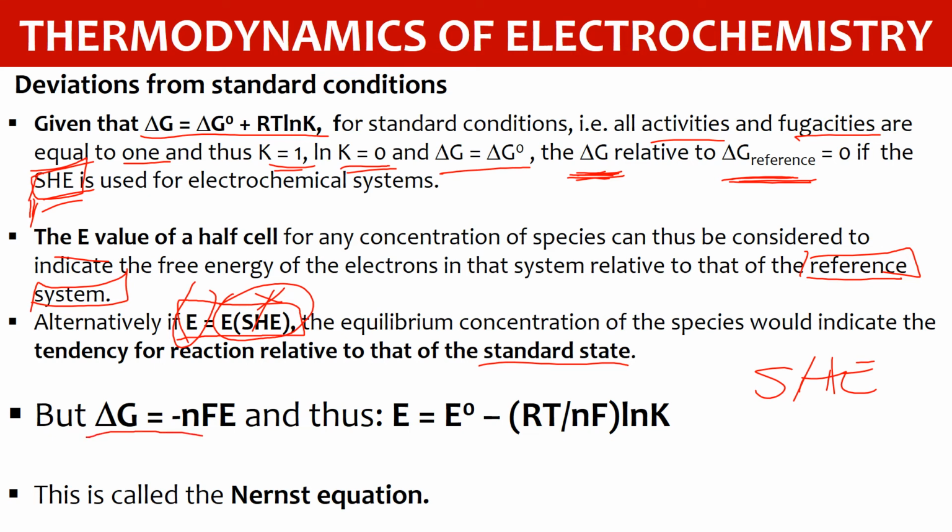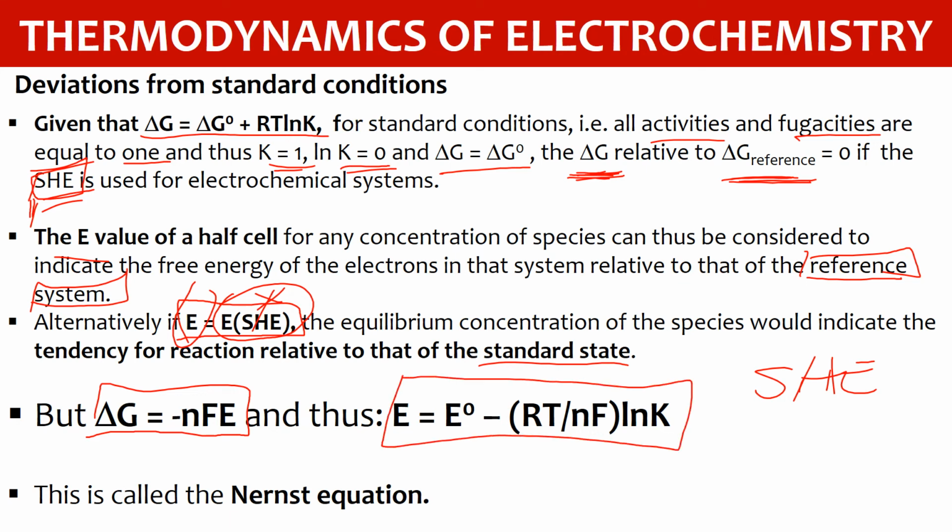that delta G is equal to nFE in our previous slides, and therefore we can come up with what is now called the Nernst equation, whereby your potential can now be given with this formula.